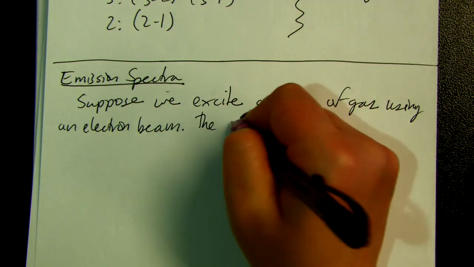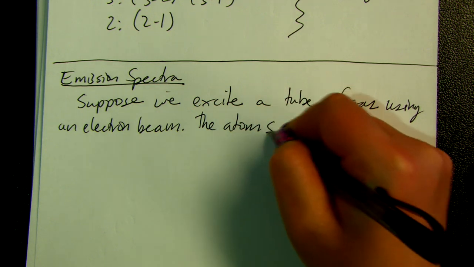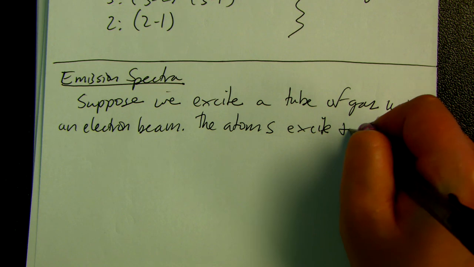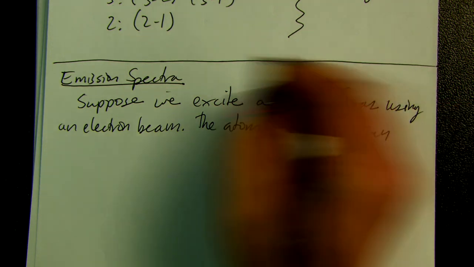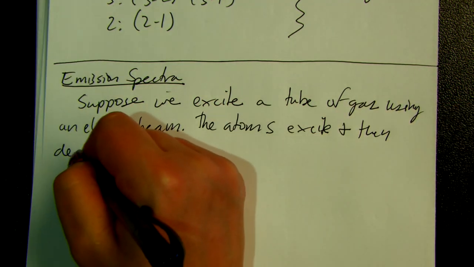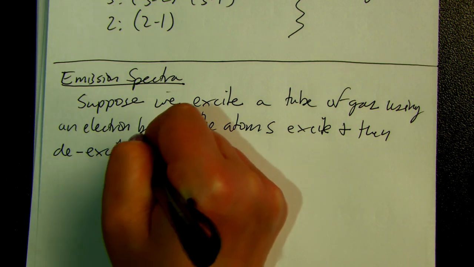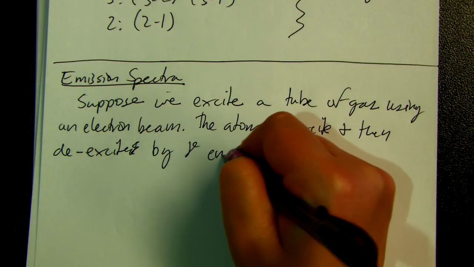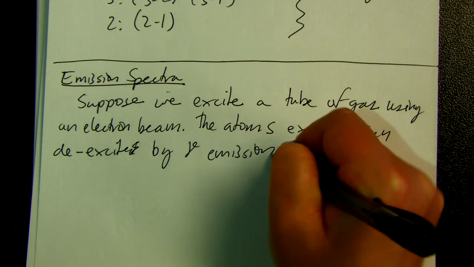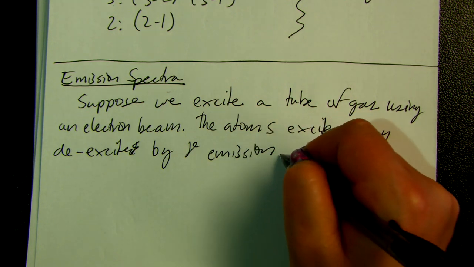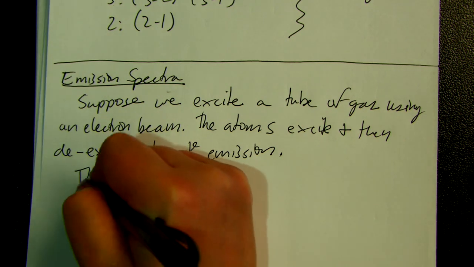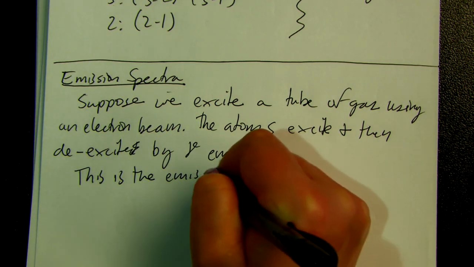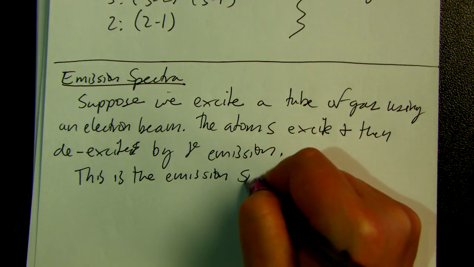The atoms get excited and then de-excite by photon emission of particular wavelengths. So this is the emission spectra, and we can measure it.